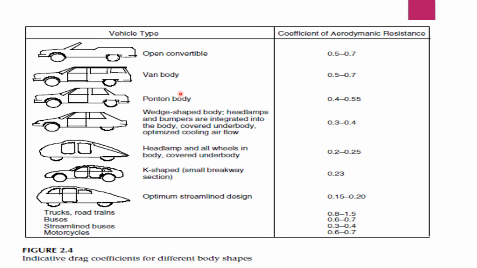Aerodynamic drag coefficients for a few vehicles are shown over here. For an open convertible, the aerodynamic drag coefficient is 0.5 to 0.7. For a van type body, it is 0.5 to 0.7. For a ponton body, it is 0.4 to 0.55. For a wedge-shaped body, with headlamps and bumpers integrated into the body, covered underbody, and optimized cooling airflow, it is 0.3 to 0.4.